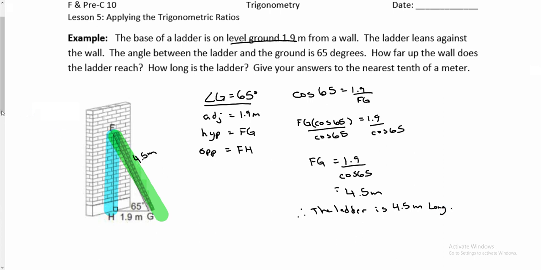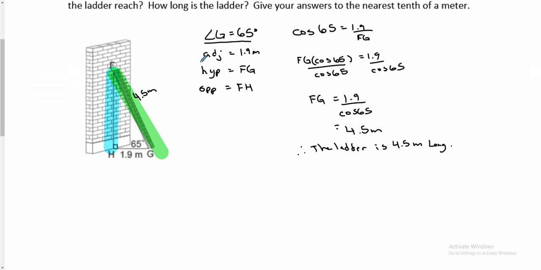Okay, next one. I have my adjacent. I need to find my opposite. I'm going to use tangent. So that gives us tan 65 is equal to opposite over adjacent. We're going to cross multiply. That gives us 1.9 multiplied by tan 65 is equal to FH.